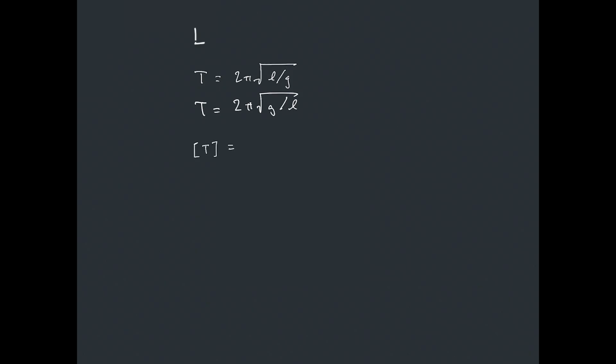So T is measured in time. It's measured in seconds. And then 2 pi is dimensionless. And then we have the square root of length over the gravitational constant g. And g is an acceleration, so we have length over seconds squared, or time squared.